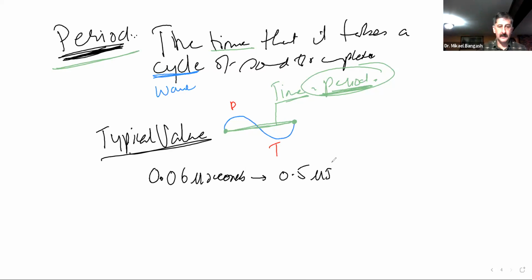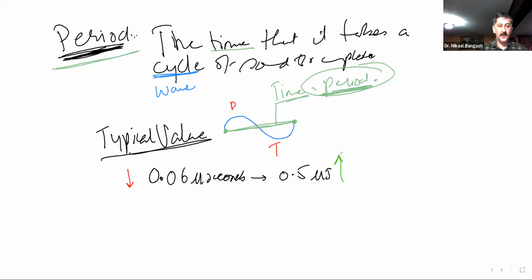What we can say is that this here is the lowest of the typical values of your ultrasounds, and this one here is going to be the highest.